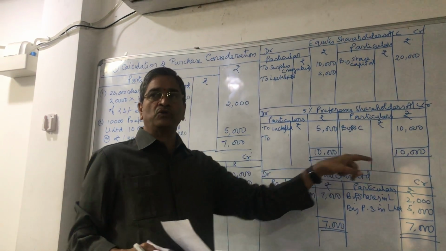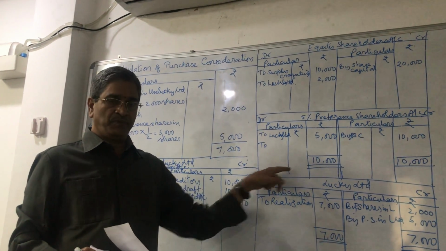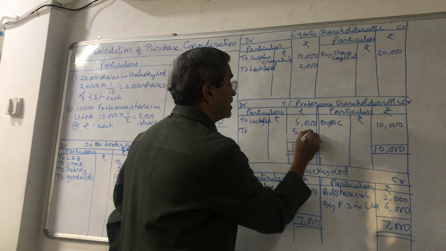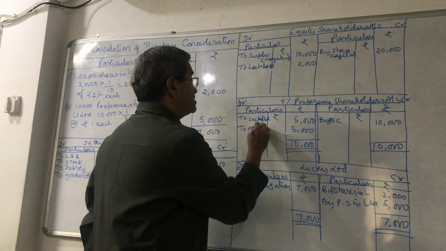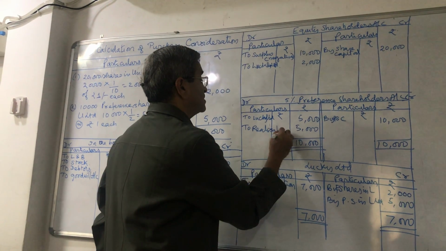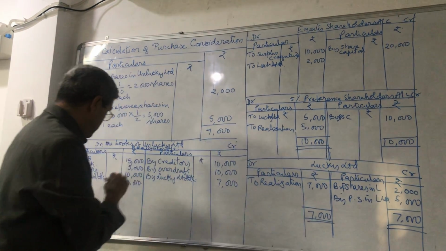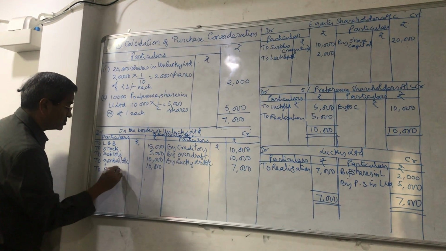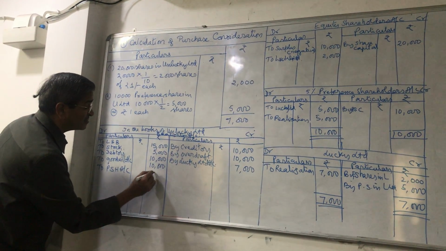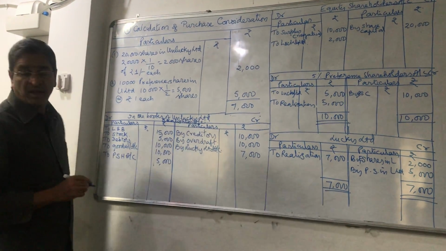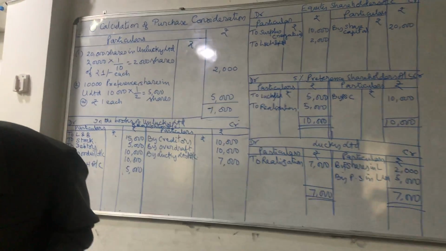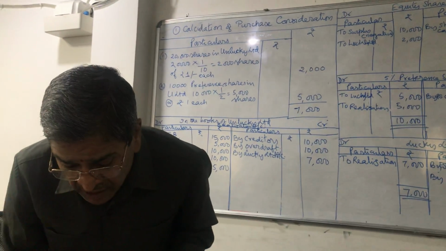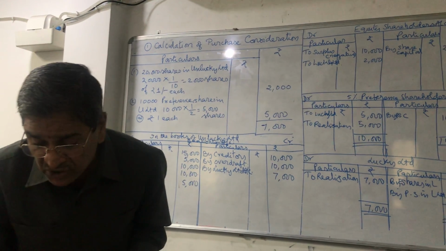Though we have to pay 10,000 to them, we are paying only 5,000. So we gained some amount, and this gain will go to the realization account. So if you transfer this gain to the realization account, realization account debtor to preference shareholders account 5,000. So you can transfer it to the realization account.